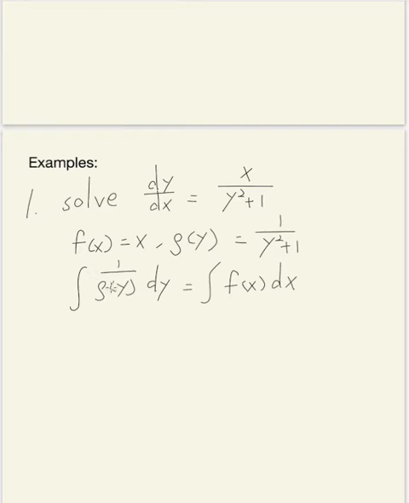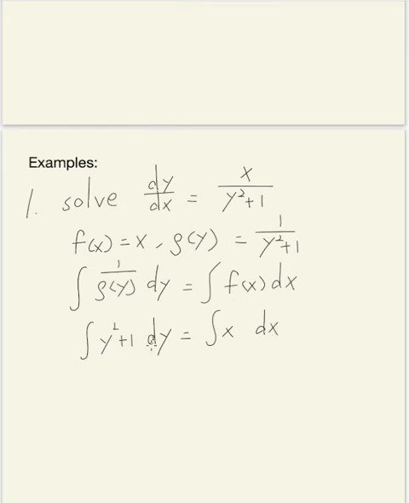Okay. Now, if g is 1 over y squared plus 1, what is 1 over g of y? That's just y squared plus 1, right? So we have the integral of y squared plus 1 dy equals the integral of x dx.